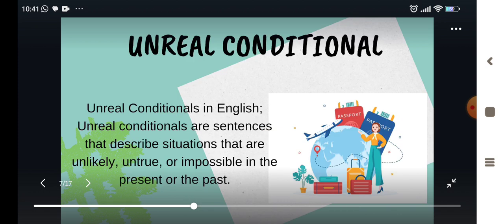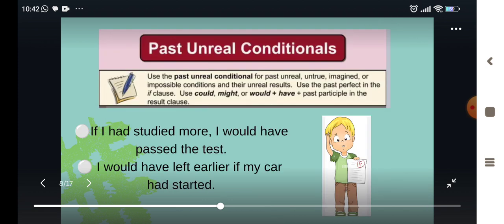Okay. Then we have the unreal conditional. Unreal conditionals in English are sentences that describe situations that are unlikely, untrue, or impossible in the present or the past. Past unreal conditionals are used for past untrue, imagined, or impossible conditions and their unreal results. Use the past perfect in the if clause.